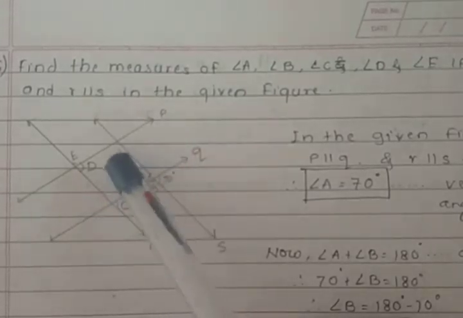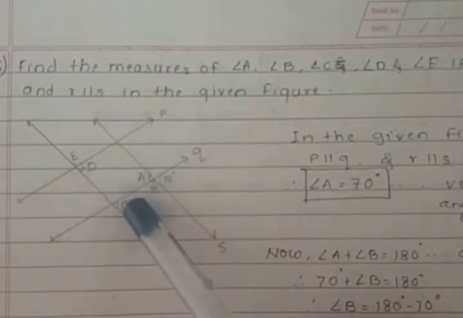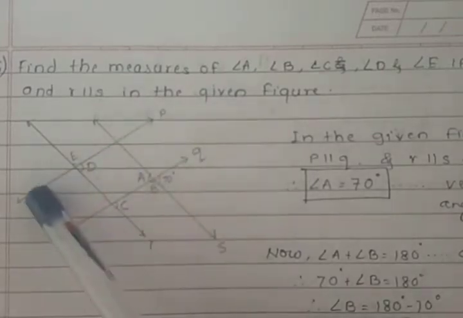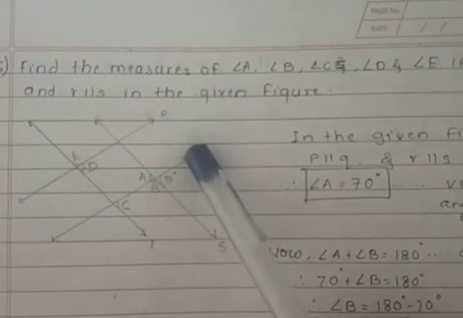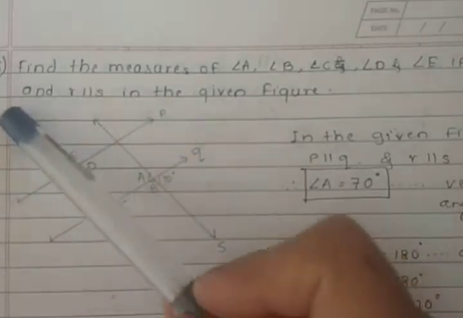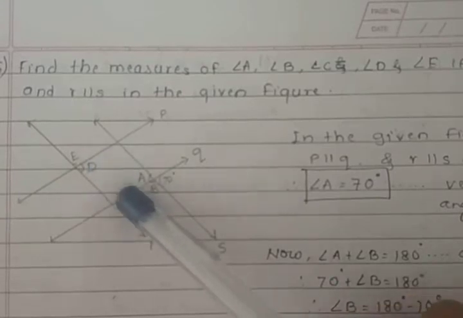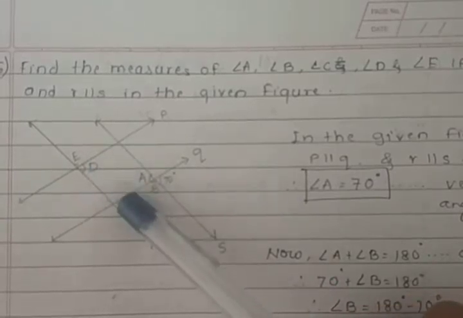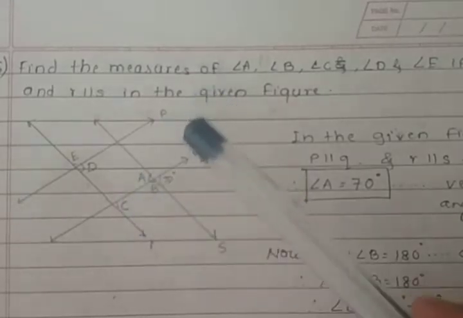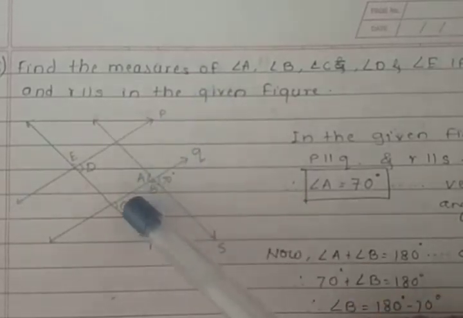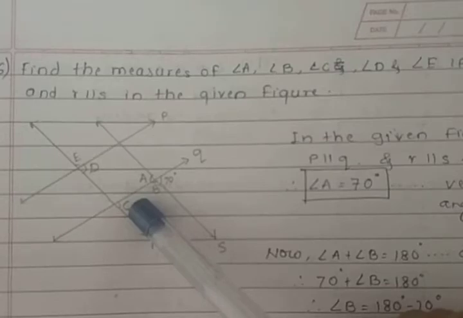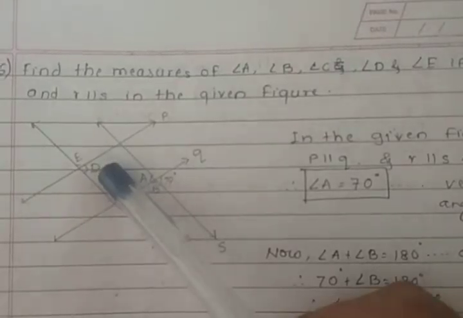Now see what is the relation between angle C and D. Again, P and Q are parallel, it is given, and if we consider R as a transversal, then C and D are forming corresponding angles which are equal. These are the properties of parallel lines, as we saw. So the measurement of angle C is 70 degrees. That means angle D is also 70 degrees.